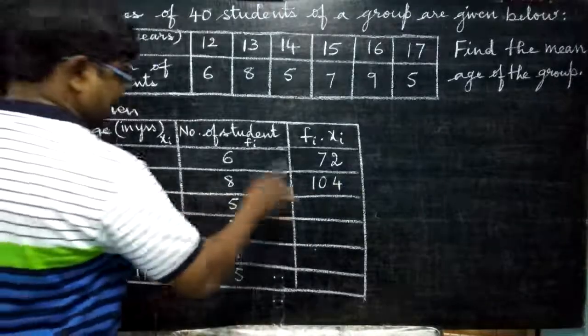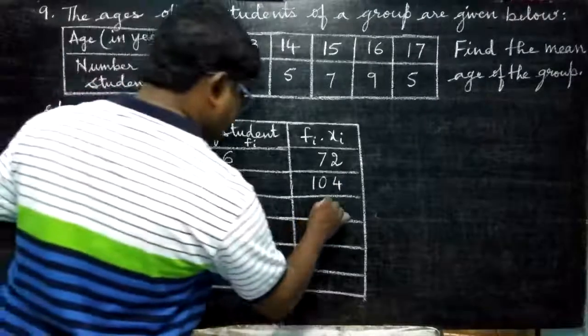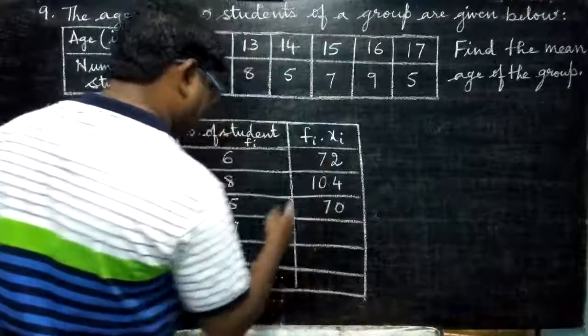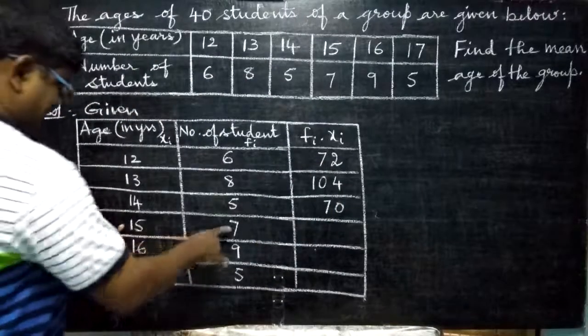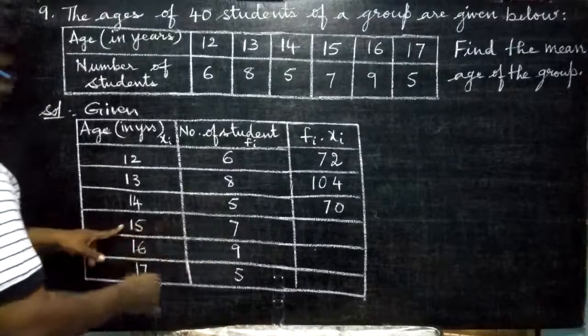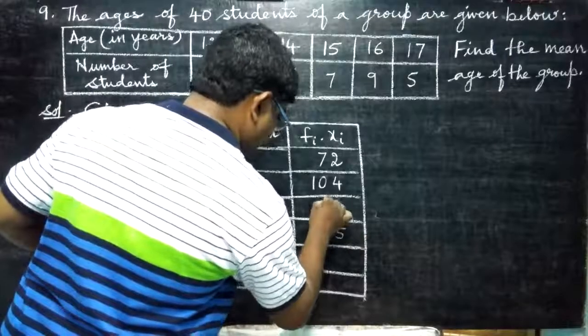8 plus 2, 10. 14, 5s are 70. See the digits: ones place, tens place, hundreds place. While writing itself, you have to be careful. 15 sevens are 105. 35, 3, 7 plus 3, 10. So, 105. Be careful in writing digits.